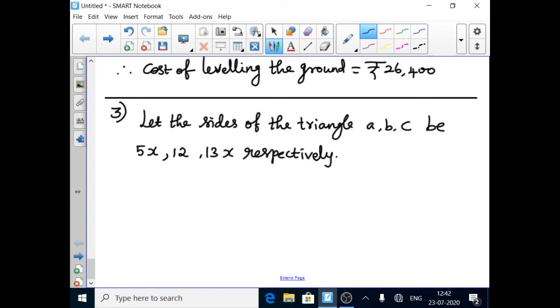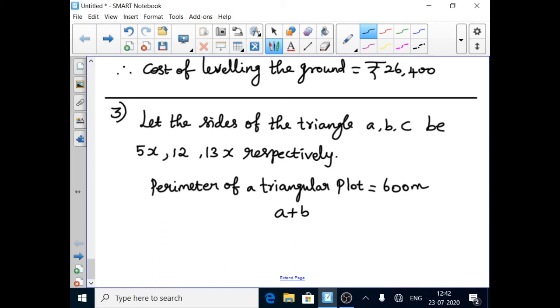So next, the perimeter is given. Perimeter of a triangular plot is equal to 600 meter. Already I told you in the introduction. So perimeter means we can write it as A plus B plus C is equal to 600.